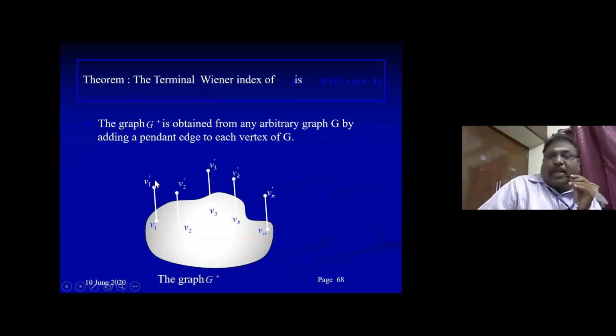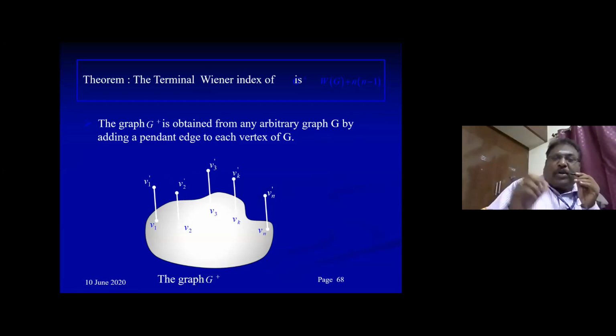These are all the new pendant vertices that are linked with the original base vertices, V1 to V1', V2 to V2'. This graph is called G plus. That is, for every vertex you add a pendant edge. If you take a path graph Pn, then Pn plus is a comb graph that you all know. So G plus is a graph.